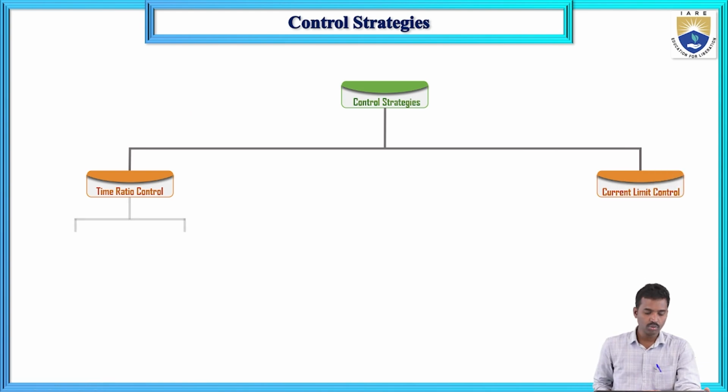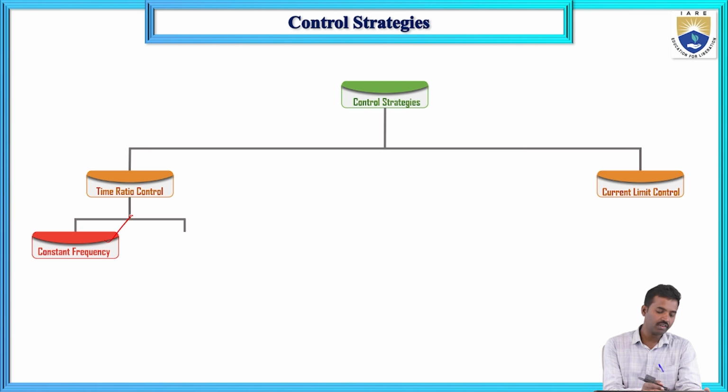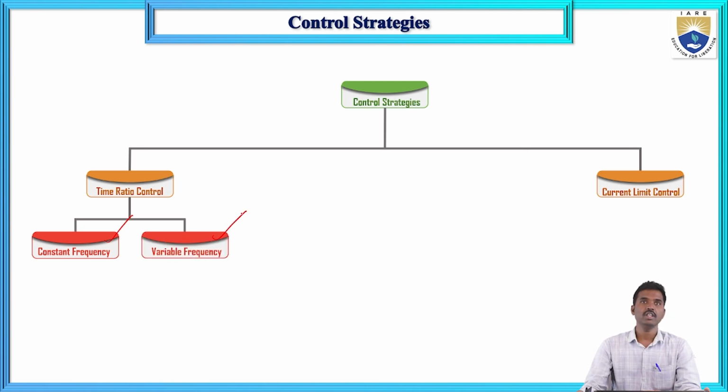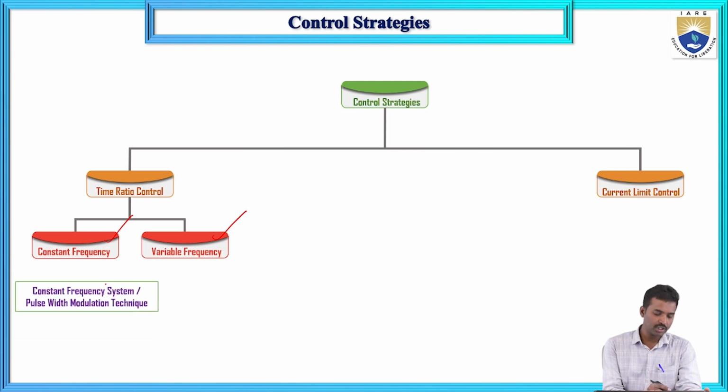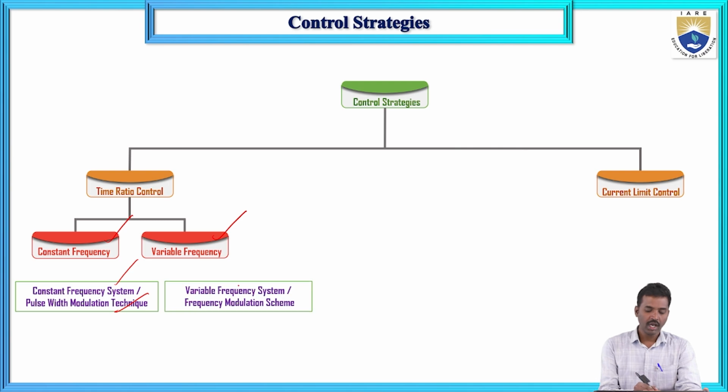In time ratio control there are again two types: constant frequency and variable frequency. Constant frequency is also known as a constant frequency system or pulse width modulation technique, and variable frequency is also known as a variable frequency system or variable modulation scheme.